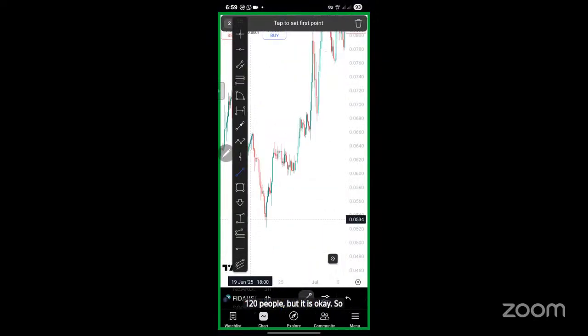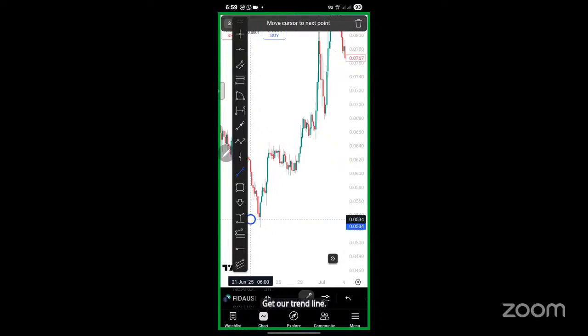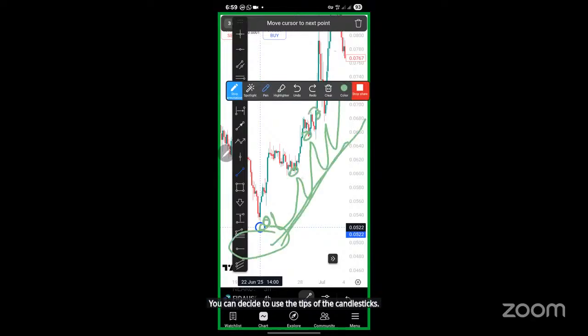So we get our trend line like this. Get your trend line. Put the points here. You can decide to use the tips of the candlesticks, like the tip, the tip, the tip.